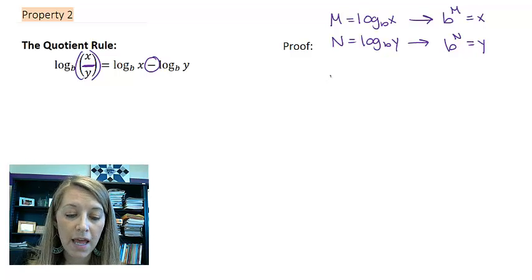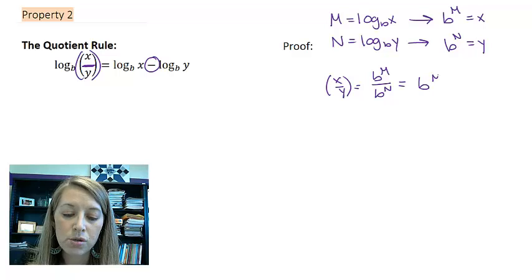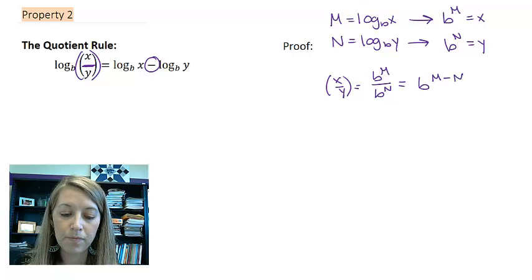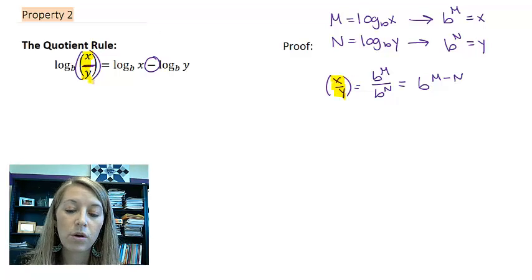If we take x divided by y, that gives me b to the m divided by b to the n, and then I get to use my exponential rules that we learned quite some time ago, and that becomes b to the m minus n. So if I were to take log of this, that would be equivalent to log of this.